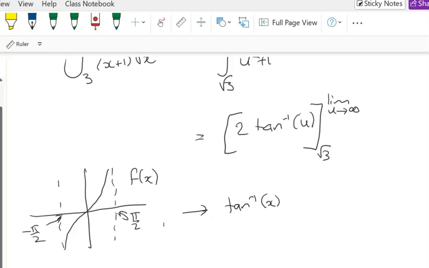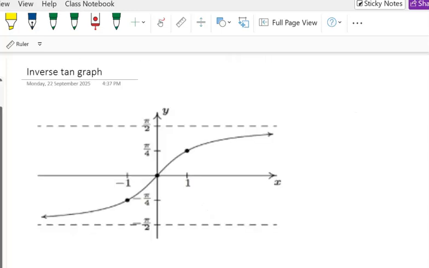If you're finding that tricky, you need to go back and watch some of the old AS videos on how to find inverses. And I put the graph of that over here for you to show you what it looks like. So this is the tan inverse graph, and you can see that it's the reflection of the relevant part of the tan graph in the y equals x axis.